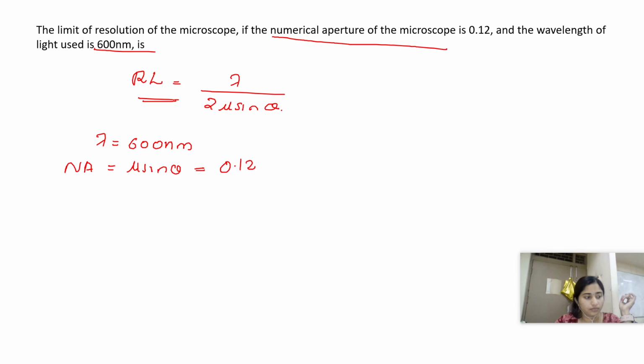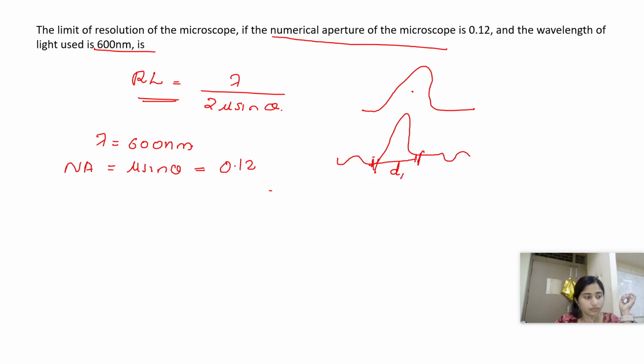Sir, one more thing, there was one formula, R1 equal to D1 by 2. That was also a limit. What was D1 in that? D1 is the distance between one minima to another minima.